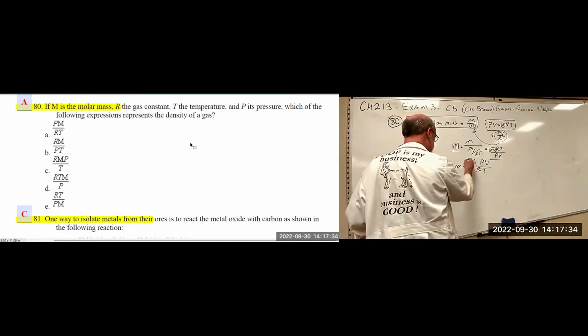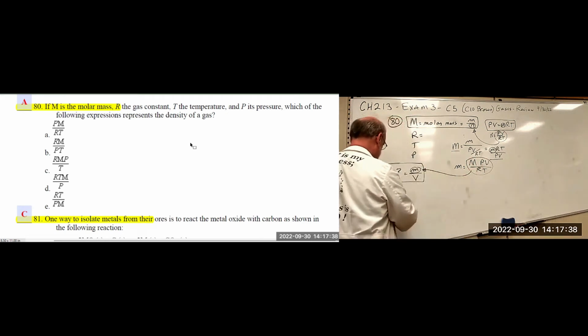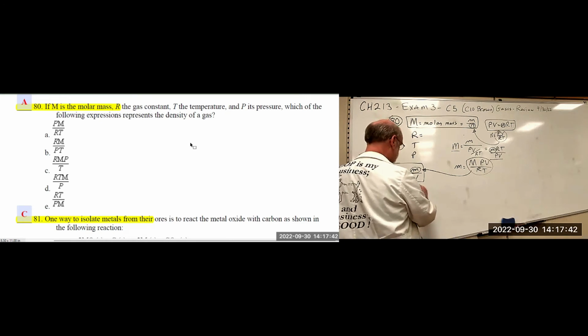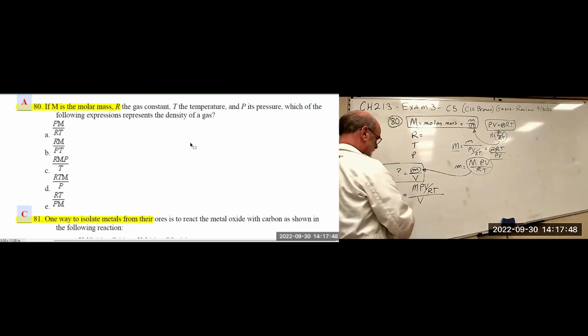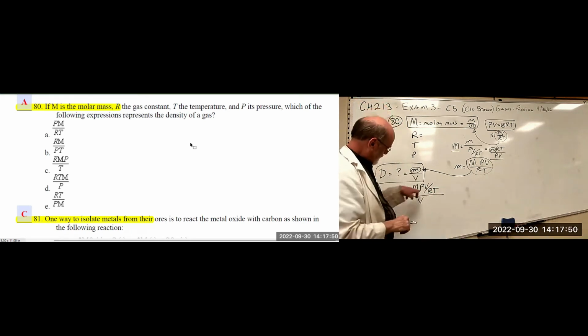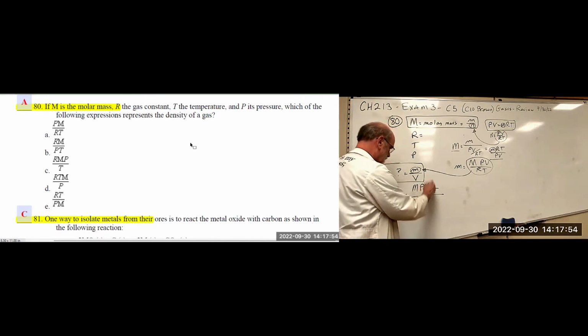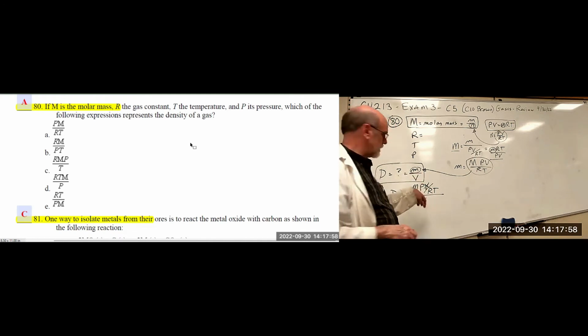Now we can substitute this right here. So density equals big M PV over RT divided by V. This is in the numerator, that's in the denominator. This is in the denominator of the numerator, so it's in the denominator.